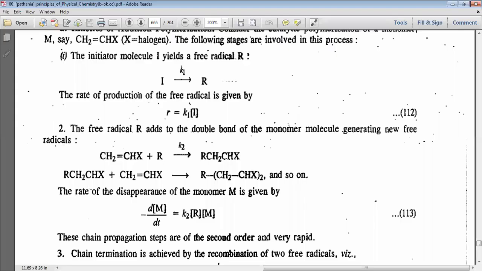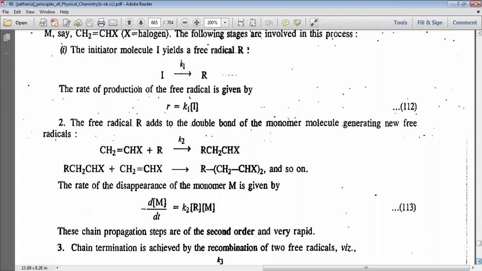The rate of the disappearance of the monomer M is given by minus dM by dt equal to K2 into concentration of R into M. Say this is equation number 2. This is the chain propagation step, second order and very rapid.